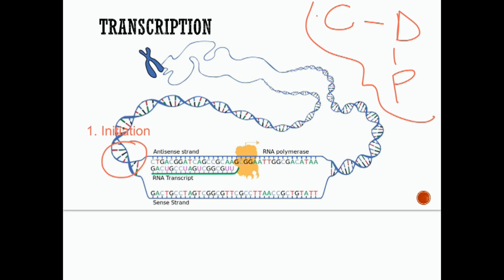The second step is called elongation. So go ahead and write down the second step. As the DNA molecule unwinds, an enzyme called RNA polymerase pairs the RNA nucleotides with the DNA nucleotides.